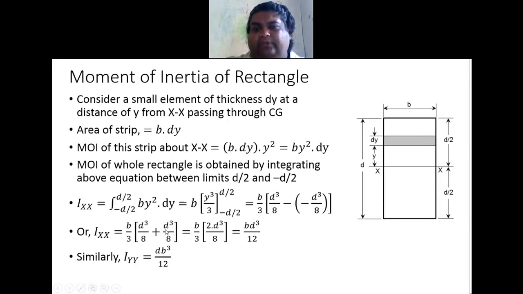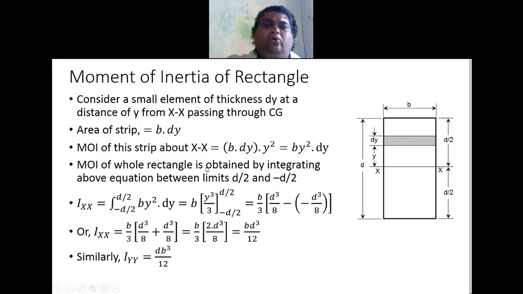We have to use the same concept here. So the moment of inertia is area, b into dy, into the perpendicular distance squared, y square. So b y square dy is the moment of inertia of this strip about the x-axis.